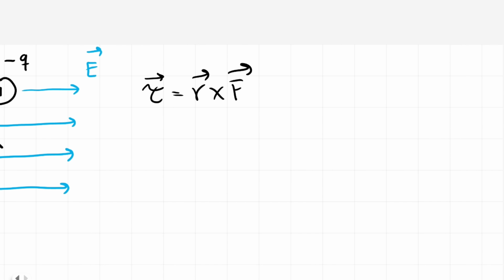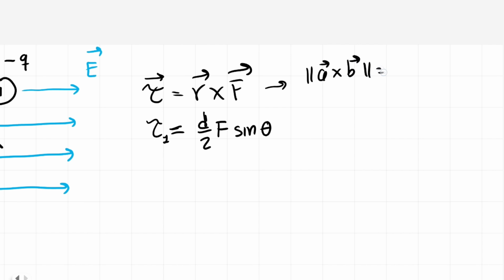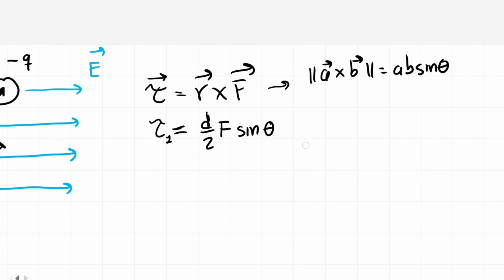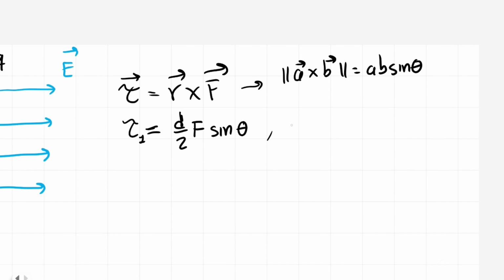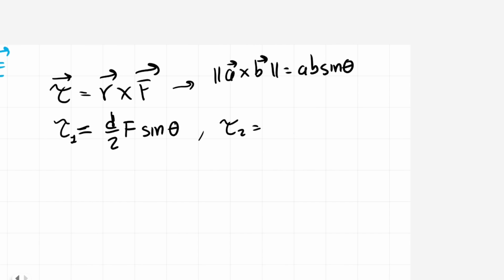So let's say that the magnitude of the first torque is given by the distance r, which is d divided by 2, times the force F, and the sine of theta, which is the angle between r and F. Remember, if you have a cross product of A cross B, this is AB times the sine of the angle between the two vectors. So it is easy to see that the torque that the other particle feels is exactly the same.